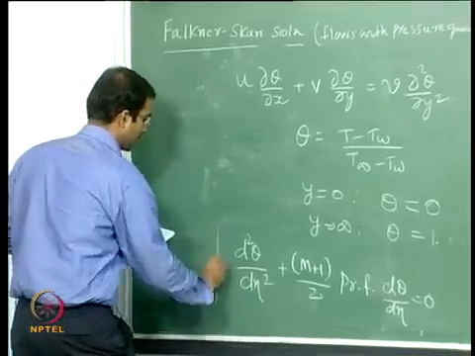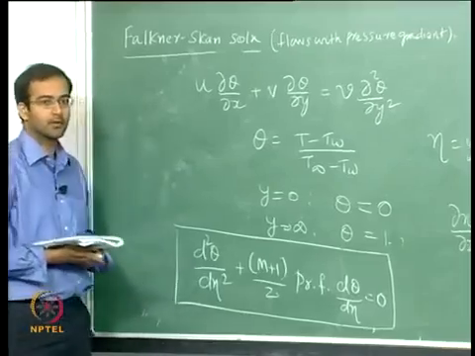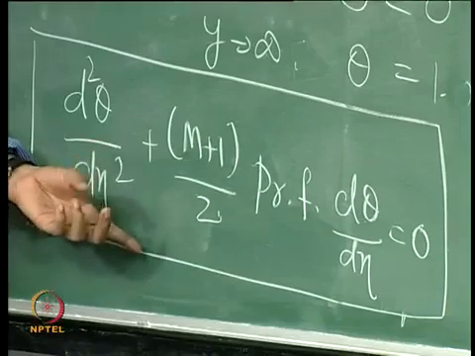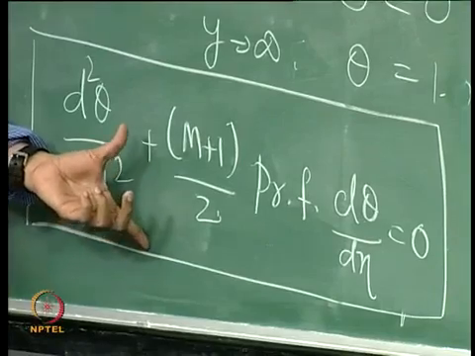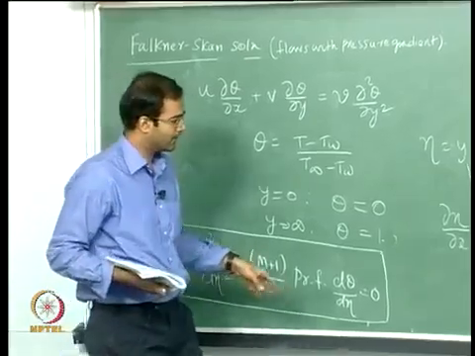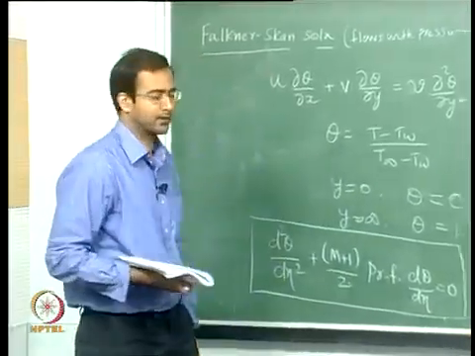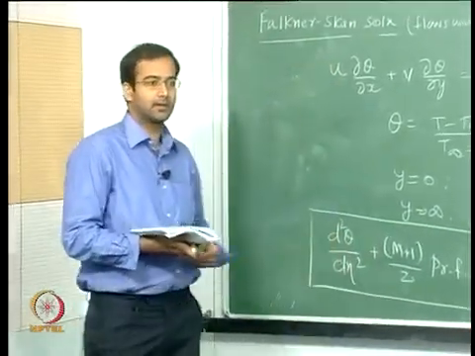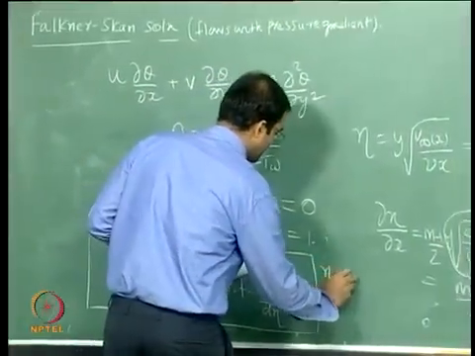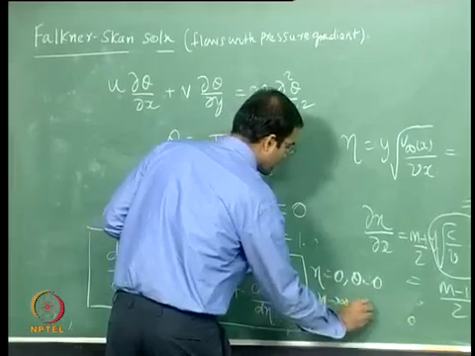So this is your energy equation. For the case of m equal to 0, this reduces to the flat plate energy equation similarity solution. Additionally here you have m plus 1 by 2 because of the factor of m which comes in the free stream velocity. If you substitute all of that, you will definitely be able to reduce this. And the boundary conditions are: as eta going to 0, theta equal to 0, and eta going to infinity, theta equal to 1.